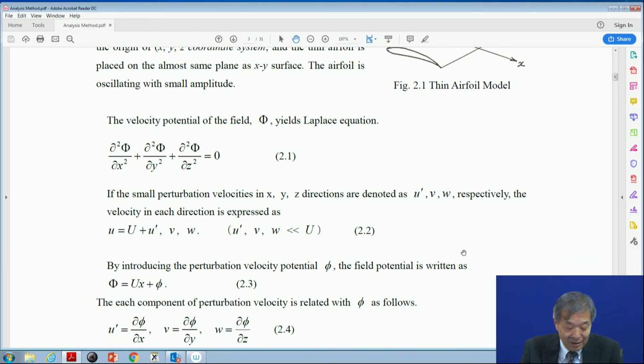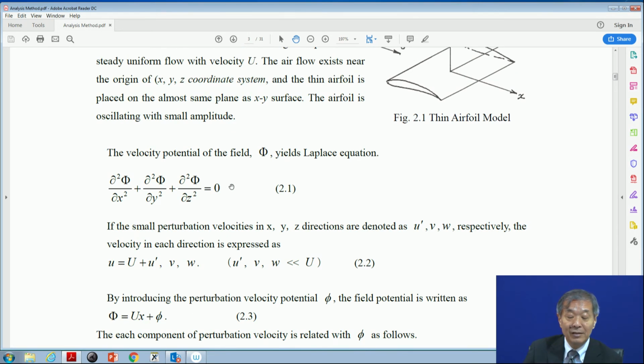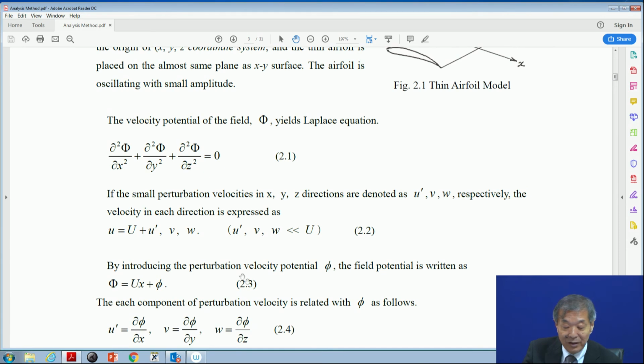And by introducing the perturbation velocity potential phi, the field potential is written as this. Capital phi is the velocity potential for the field, but the small phi is the perturbation velocity potential. So it's only the perturbation.